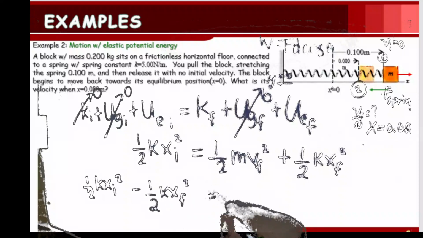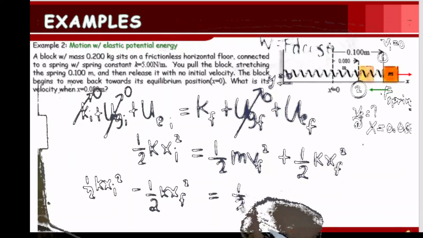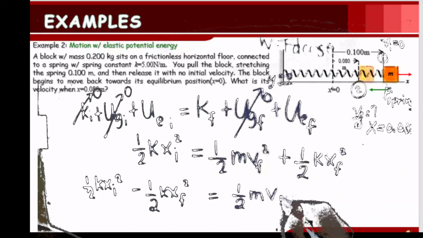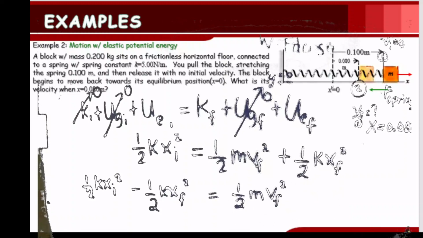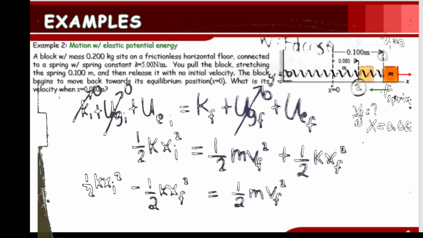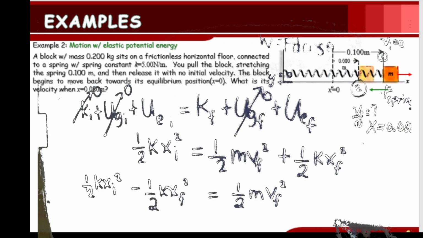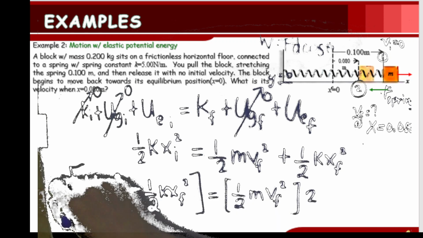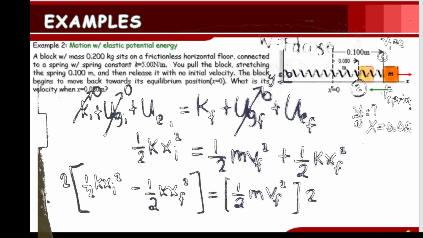What's left on the right side of the equation is just 1 half m v final squared. Now take note that we have a common value in every term, which is 1 half. So we can multiply both sides by 2, and we can cancel out the 1 half in each term.